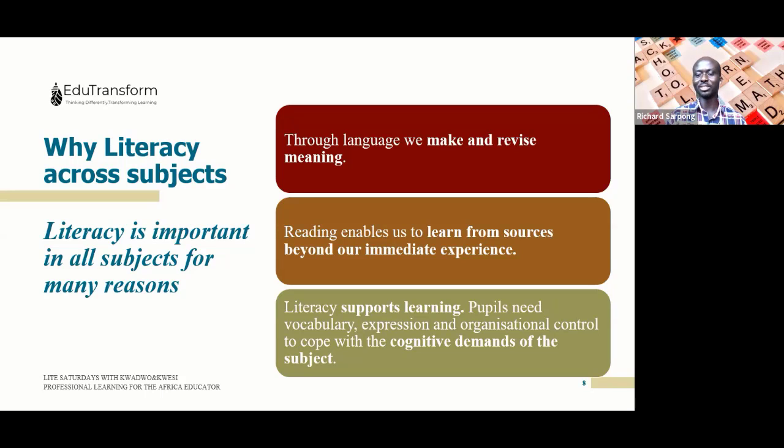And reading is important because it enables students to discover things beyond their immediate sources, right? So you should be able to look for information from different sources and see even patterns and connections that exist between them, ideas and concepts. You can't do this without literacy.